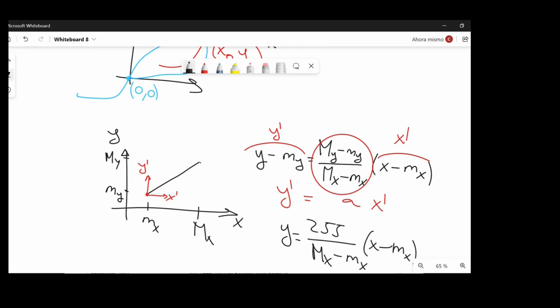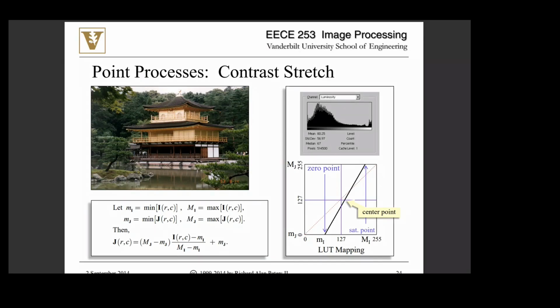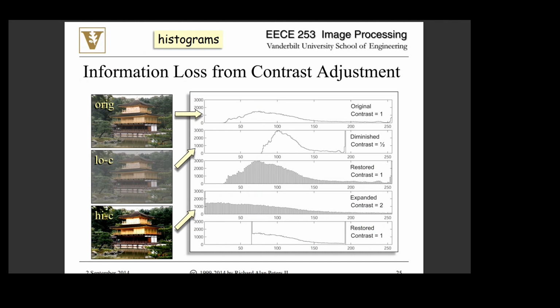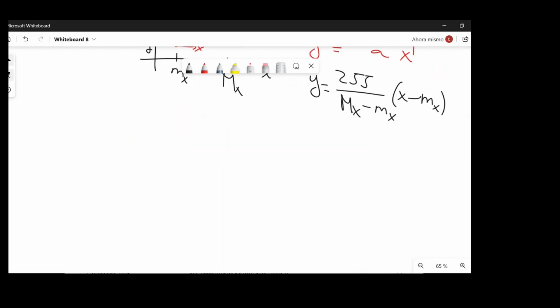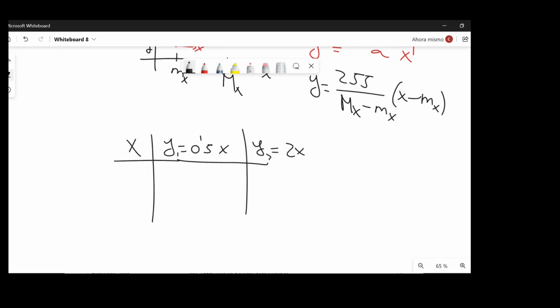Now, regarding these histograms, there is something interesting. Let's say we have x values and we do two transformations: one will be 0.5x, the other one 2x.